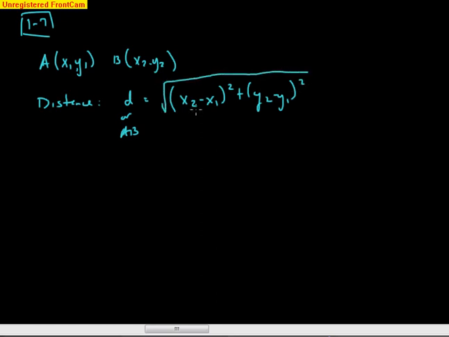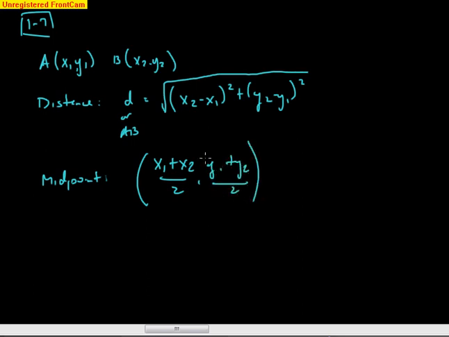And you'll simplify inside the square root first to get one single number and then take its square root. To find the midpoint between those 2 points, we'll simply add the x's, x1 plus x2, and divide by 2. And we'll add the y's and divide by 2. And this will find the midpoint, which is the point right in the middle of those 2 points.